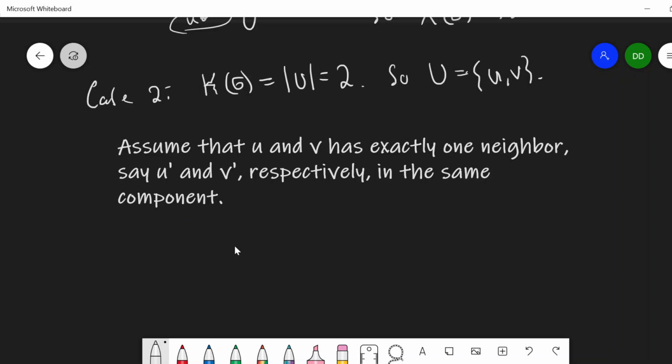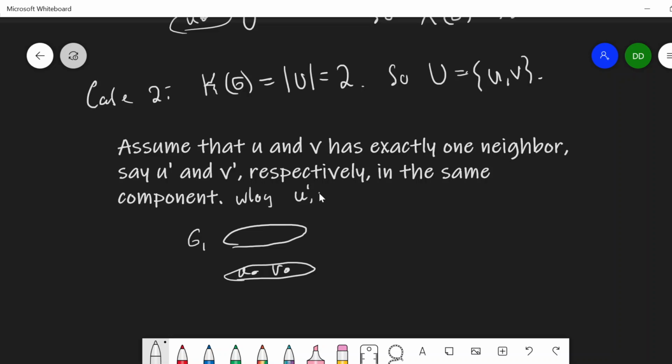in the same components. So what we have here, again, so here's my vertex cut U, here's U and V. And then let's say I have this component, and we can go ahead and assume it's G1 without loss of generality.